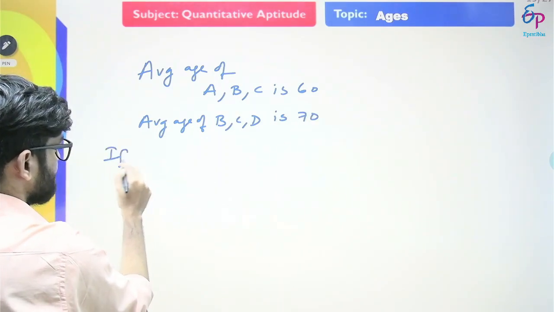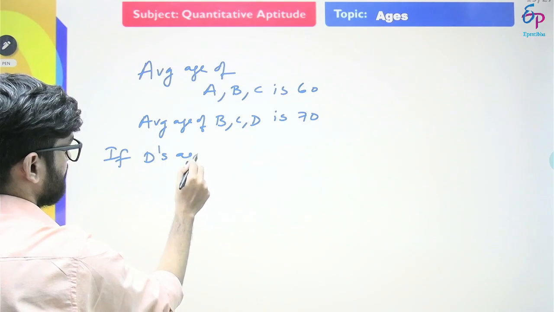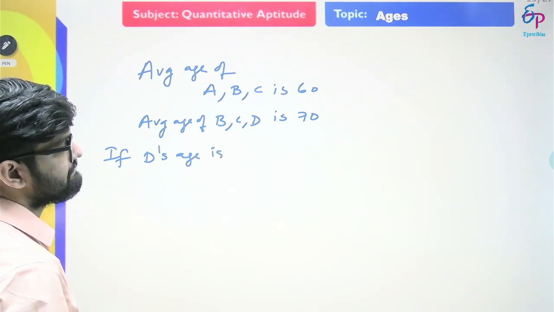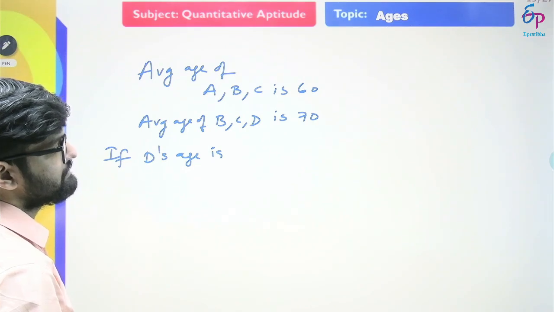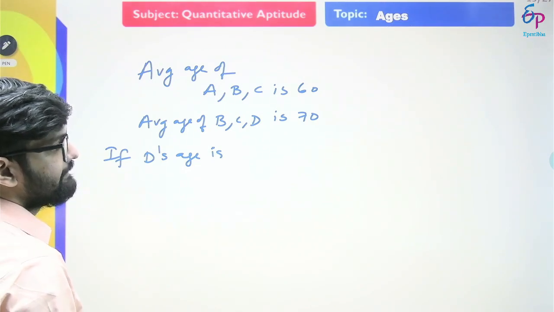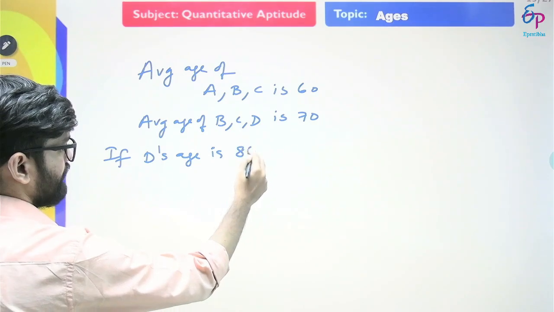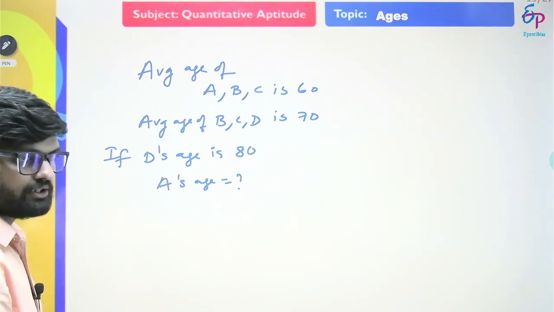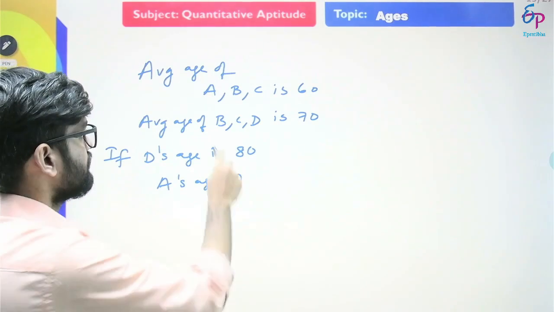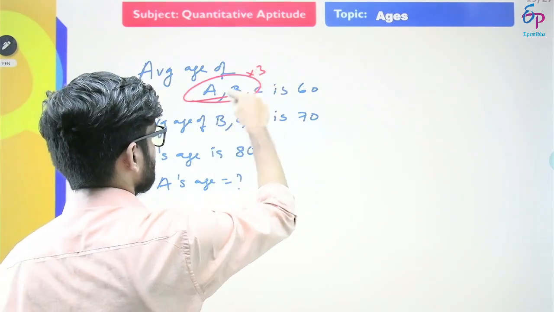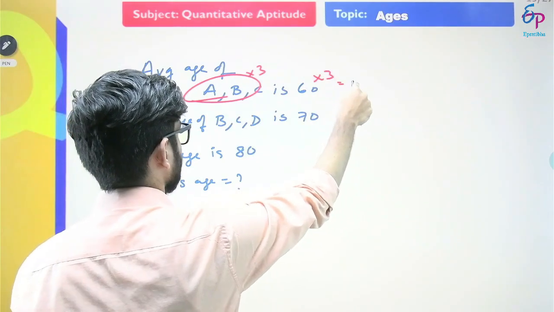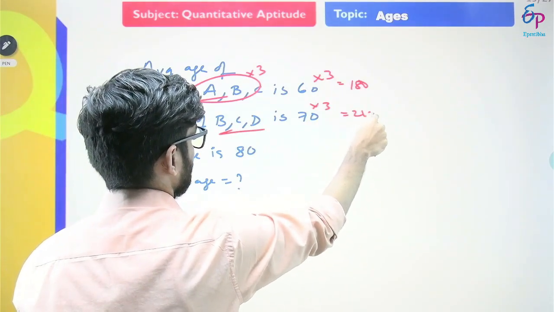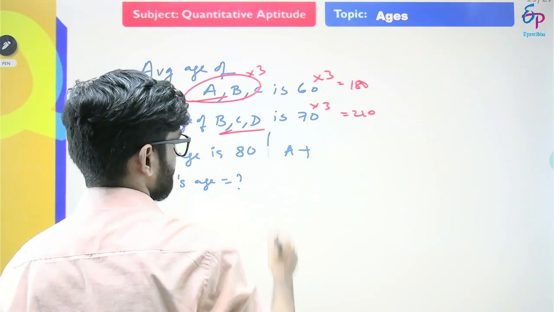If D's age is suppose 80, what is age of A? I have given random values. If possible, I will change the question. So into 3 is there. So 3 people are there. Into 3 means A plus B plus C value is 180. Into 3 means this is 210. So A plus B plus C value is how much?